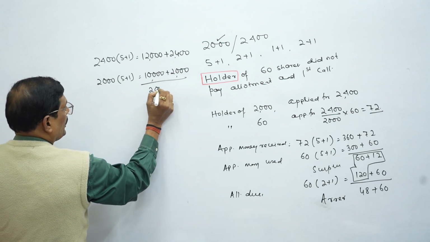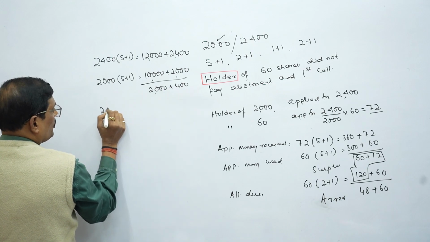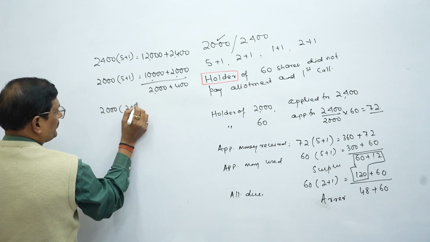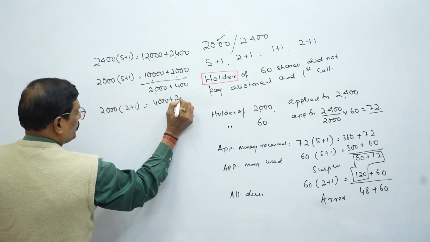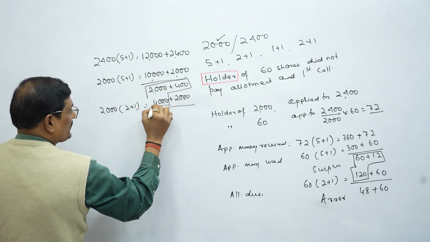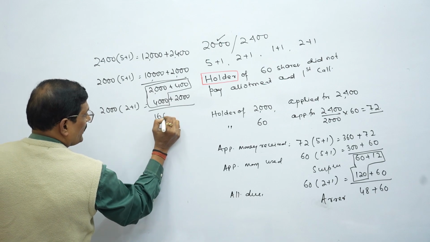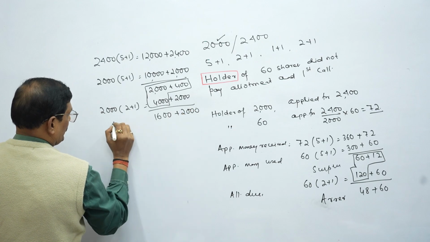Surplus is 2,000 plus 400. Allotment due 2,000 into 2 plus 1, that is 4,000 plus 2,000. So this amount has been adjusted towards capital. So we need to receive another 1,600 plus 2,000, that is receivable.